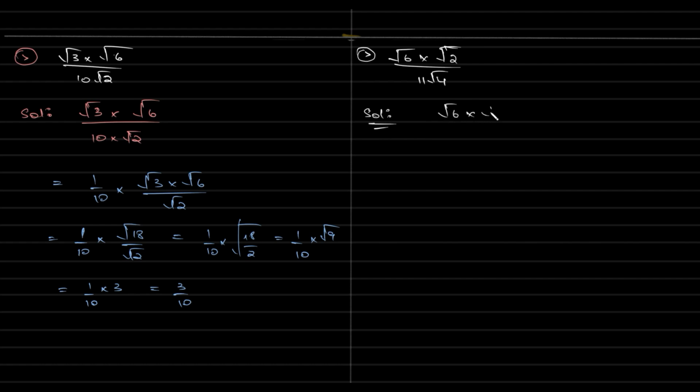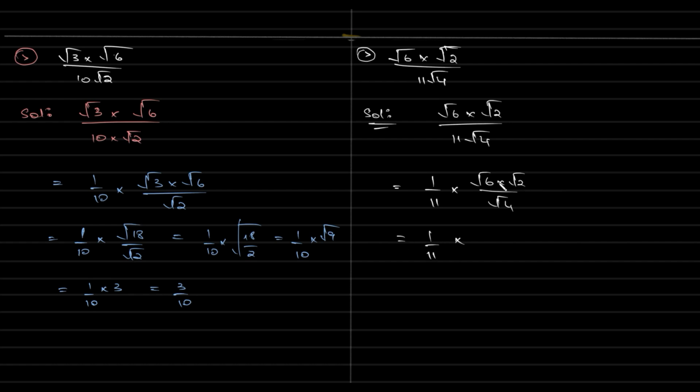Root 6 into root 2 divided by 11 root of 4. First, let's get 1 by 11 aside. Then we have root 6 into root 2 by root 4. So the next step is the numerator.